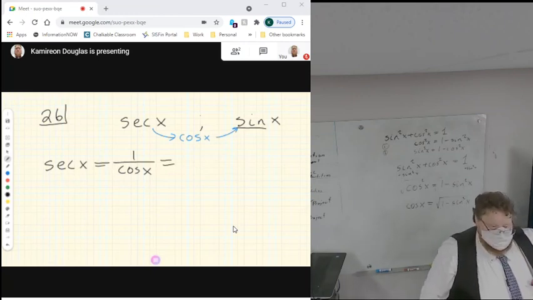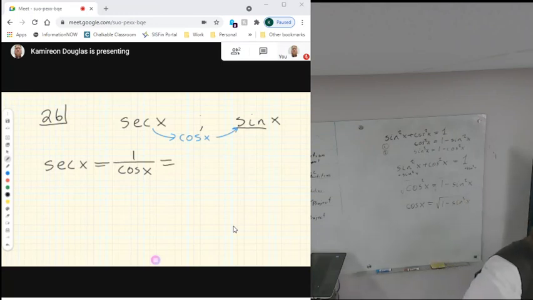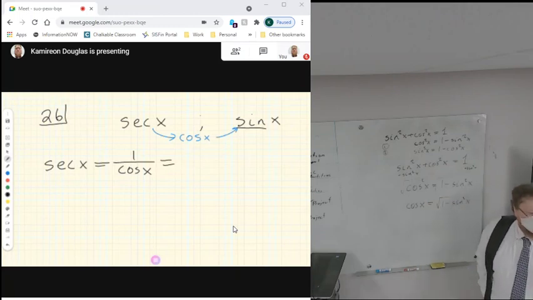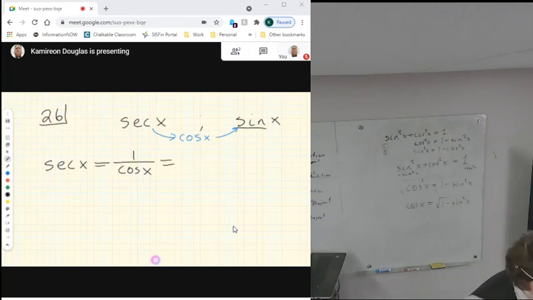That's one of the ones on our cheat sheet. And the cosine, I'm now modifying this formula to get cosine by itself, allowing me to take this function and change it. What I end up with is as follows. 1 over square root 1 minus sine squared of x.